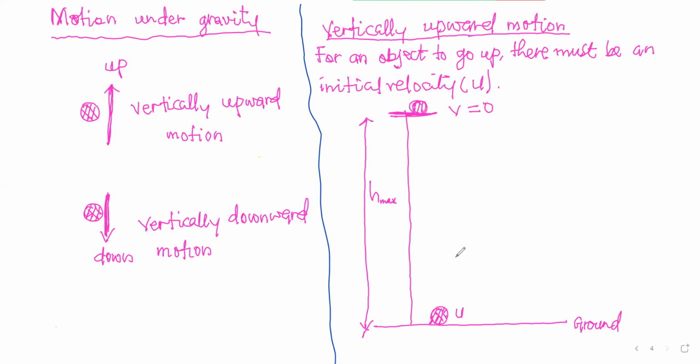Okay. Now, when an object is moving up and the velocity or the speed decreases with time, how do we describe this? When an object is moving and its velocity or speed decreases with time, technically, how do we describe the object?